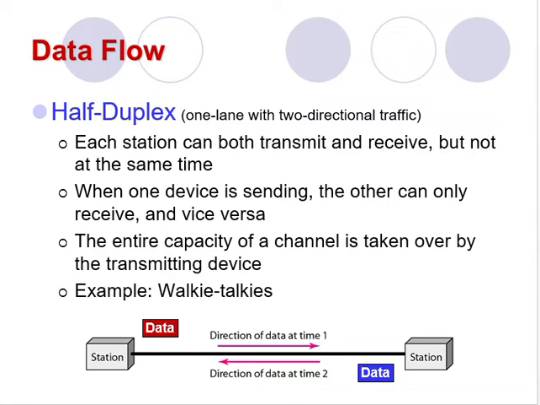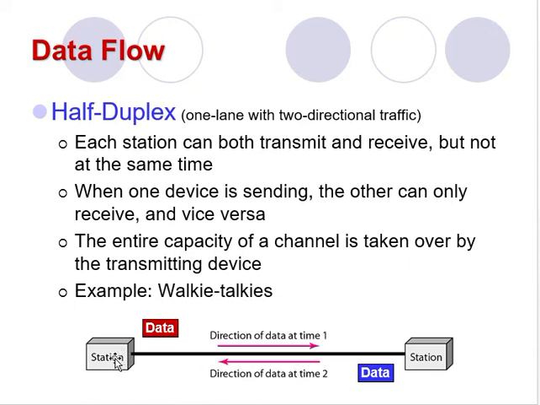The half duplex mode comes into play in those cases where we don't need the transmission in both directions at the same moment. Here you can see that we have only one lane, but it shows two directional traffic.